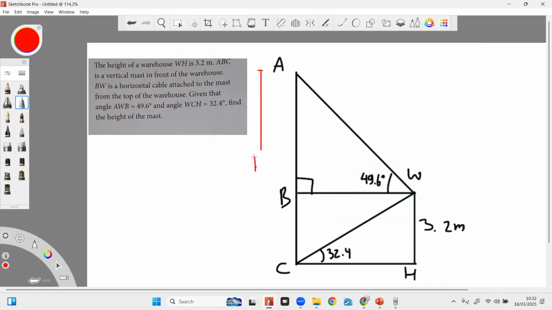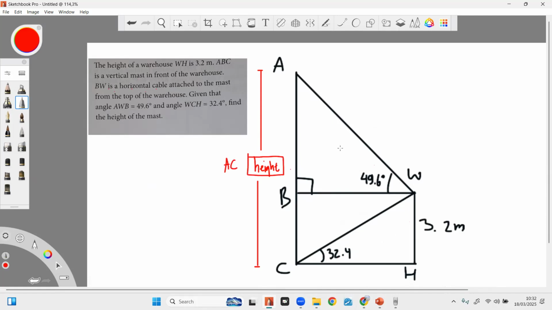A vertical mast with height H. And then BW is a horizontal cable attached to the mast from the top of the warehouse. So BW here. And then given that angle AWB is 49.6, angle WCH is 32.4, find the height of the mast. So find AC.